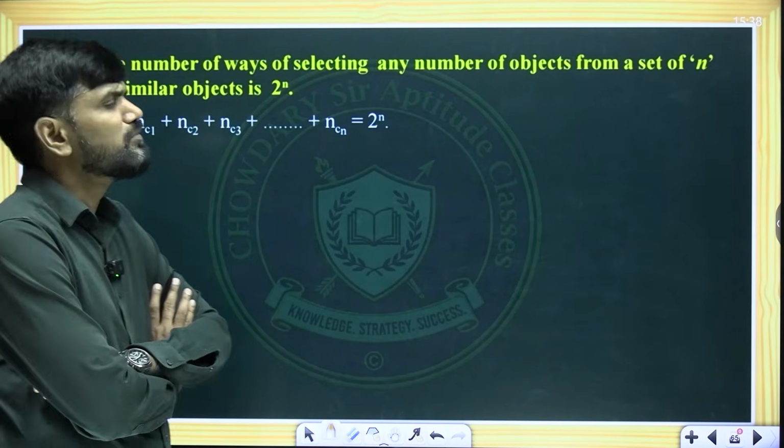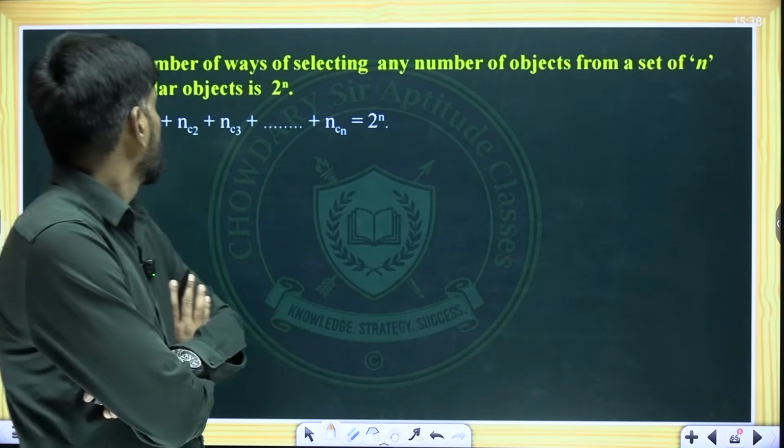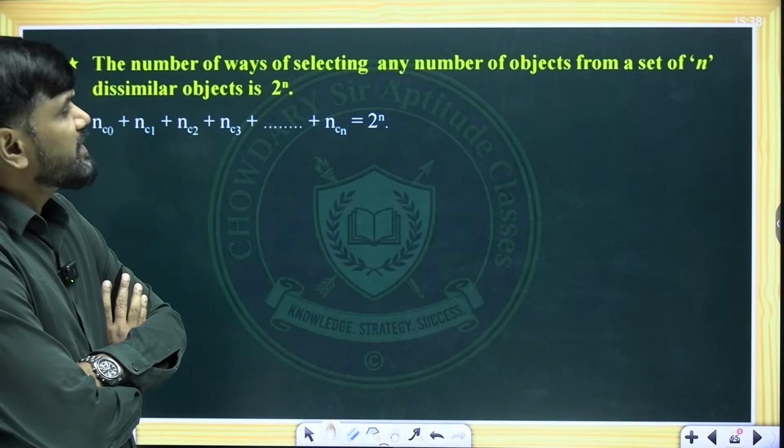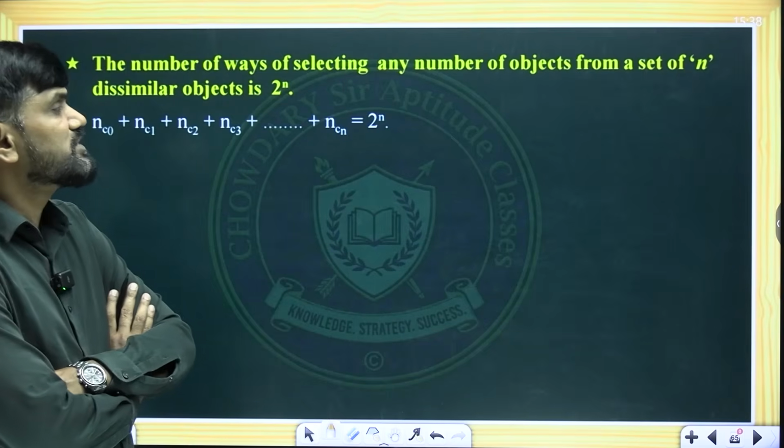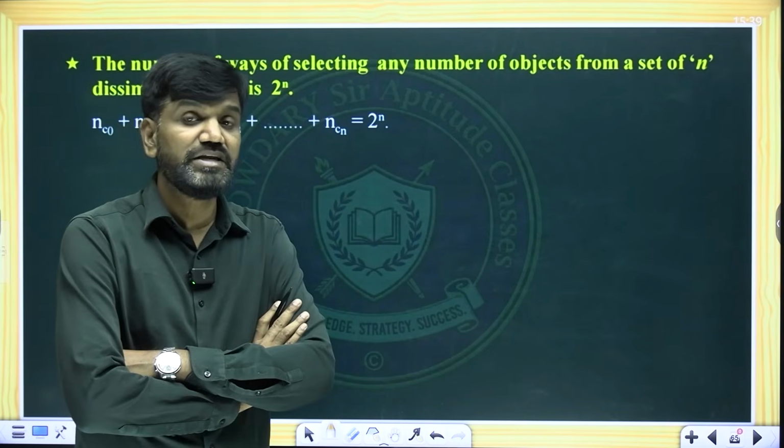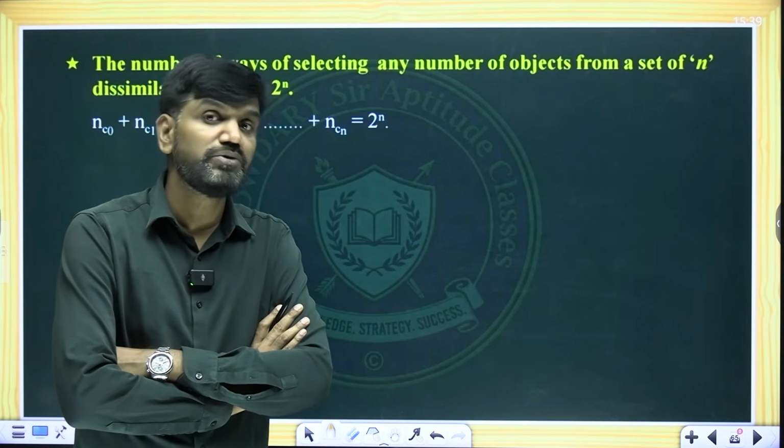Next concept, this is a more interesting one. The number of ways of selecting any number of objects from a set of n dissimilar objects is 2 power n. Any number of objects means anything from 0 to n.